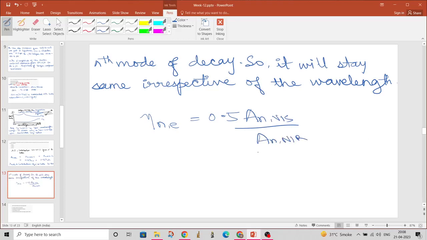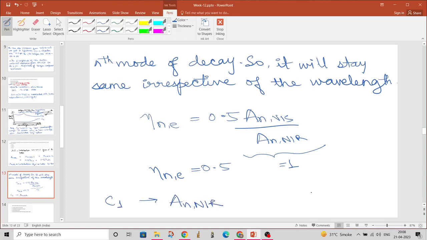So when this ratio is equal to 1, eta N e is equal to 0.5, and the C1 component is basically A_N NIR, because it was 0 in the visible range, it comes only in the longer wavelength.